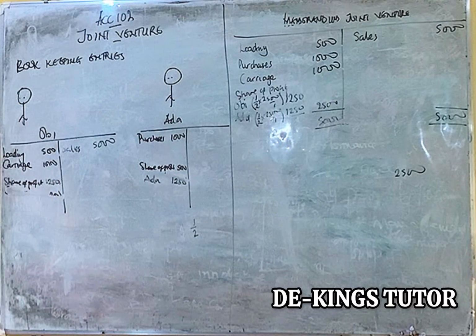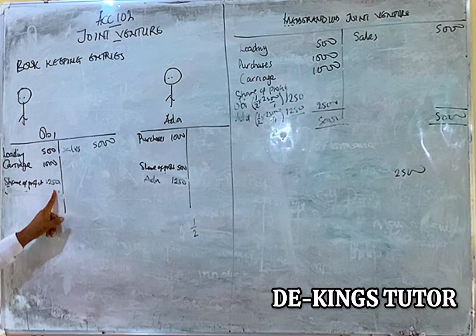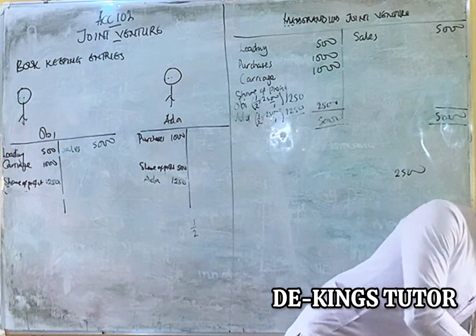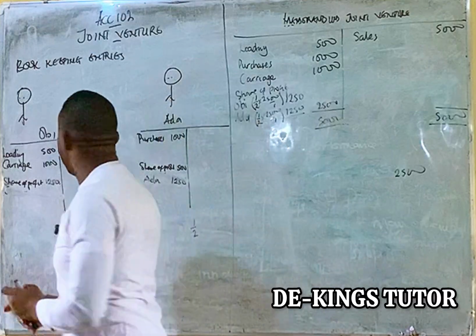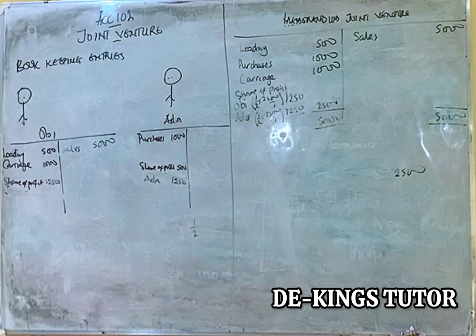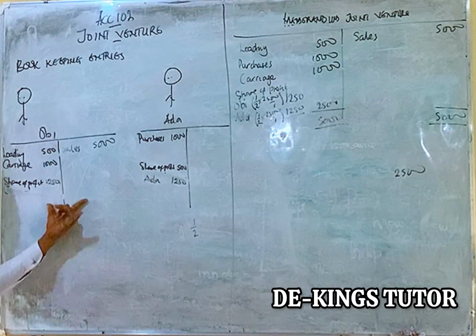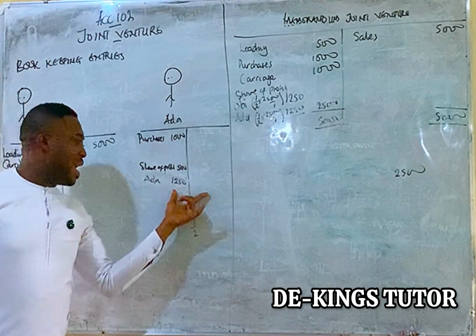Now, how do we close the account? Now, listen, I'm just giving you an illustration of how the joint venture exists. Now, look up. While they are preparing, this person does not know what is here.